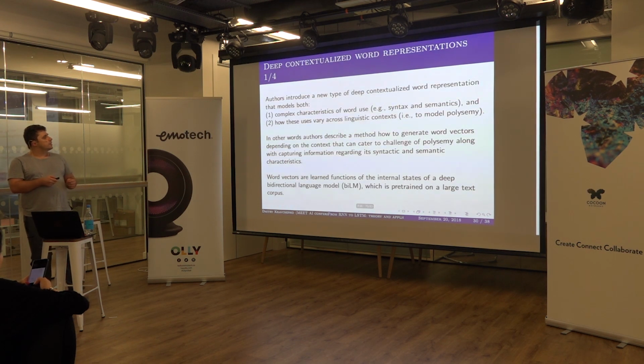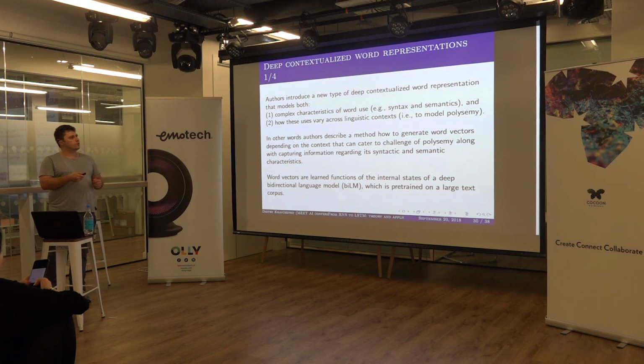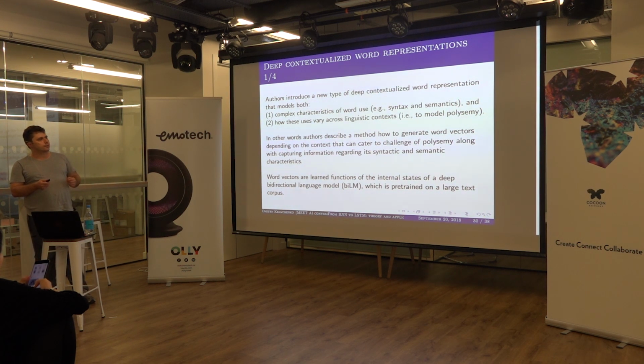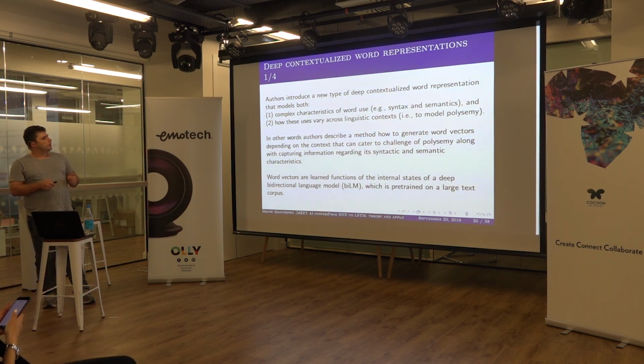So the second paper also kind of proves this concept that LSTM is a very powerful neural network for classification, and the authors introduce deep contextualized word representation for models.